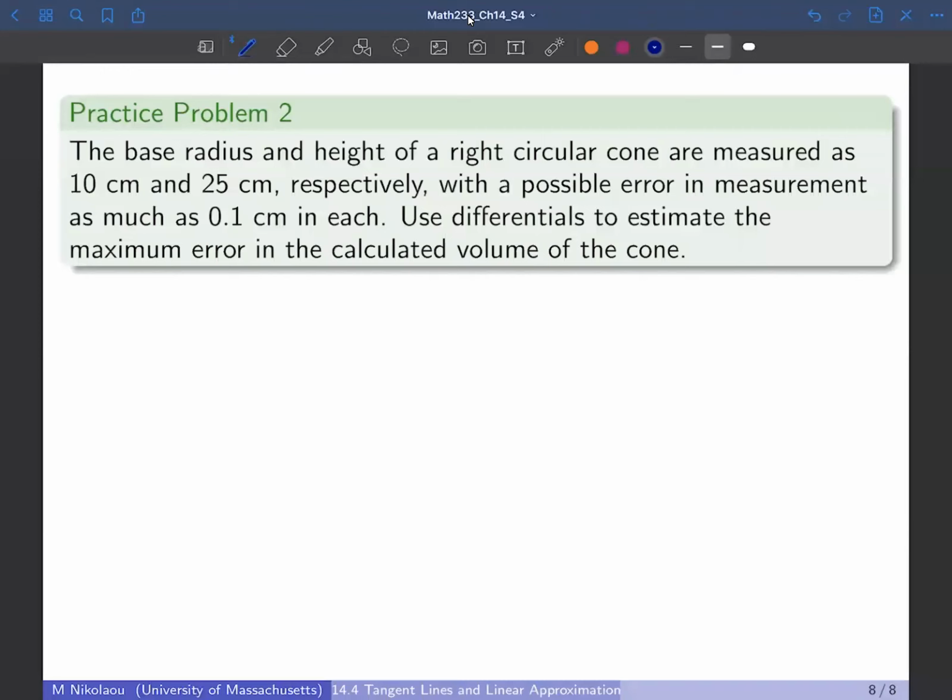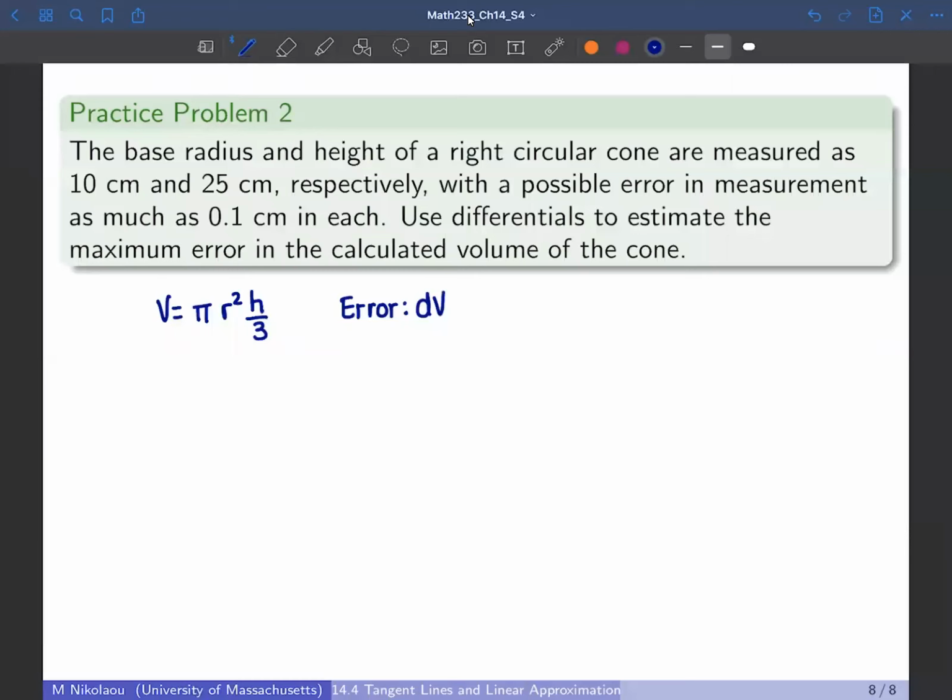So the volume of the cone, first of all, is given by V equals pi times r squared times h over 3. And the possible error that we can make, let's call that error dV. So now we have two parameters here, the radius and the height.